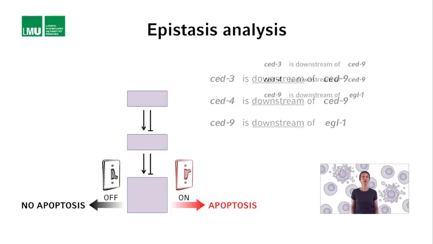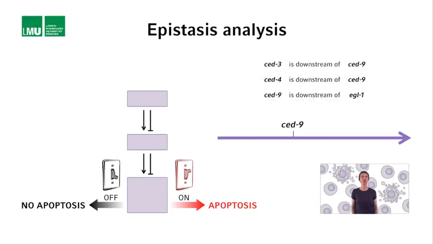Z4 and Z3 are epistatic to Z9. The ectopic apoptosis induced by the loss of Z9 is dependent on a functional Z3 gene and on a functional Z4 gene. Z3 and Z4 therefore are required or act downstream of Z9 to cause apoptosis. Furthermore, Z9 normally acts to block the activity of Z3 and Z4.